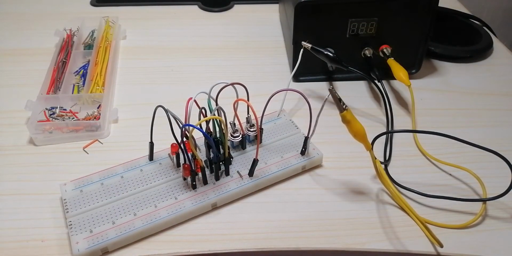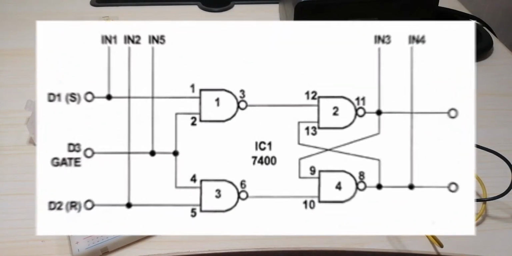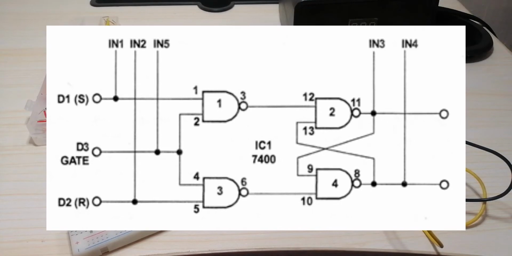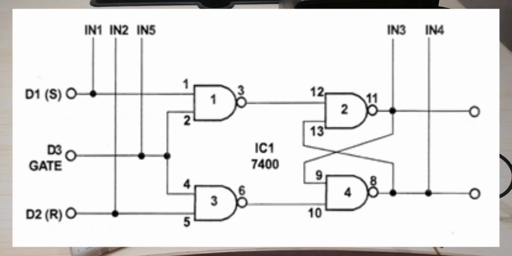So in our next figure, there is 3 input. So we will add D3.